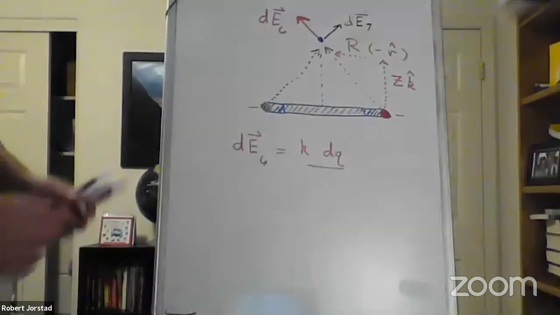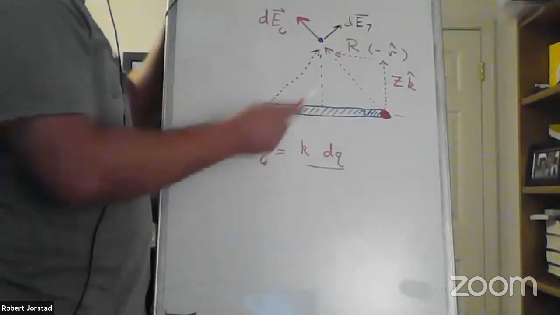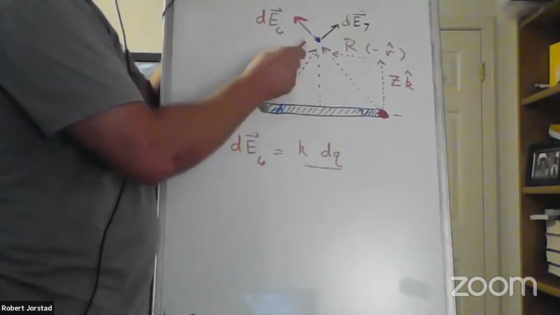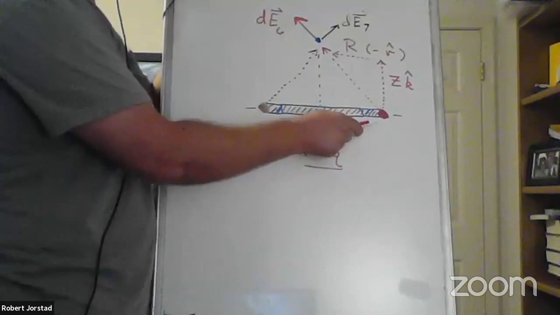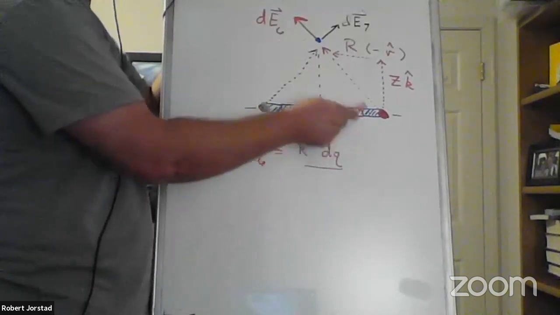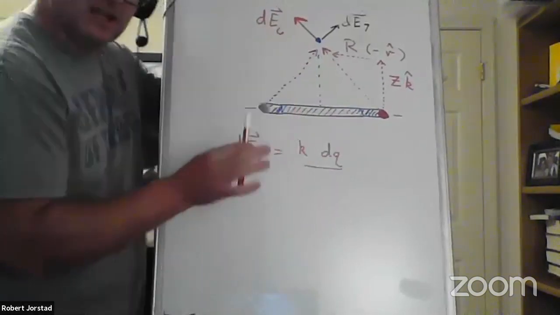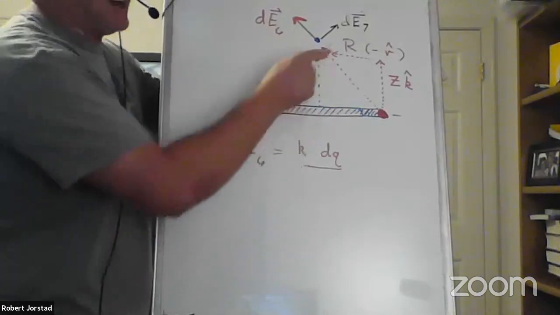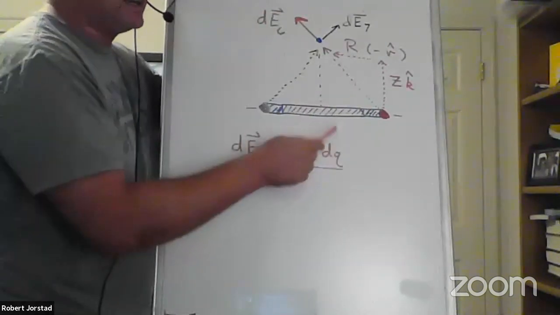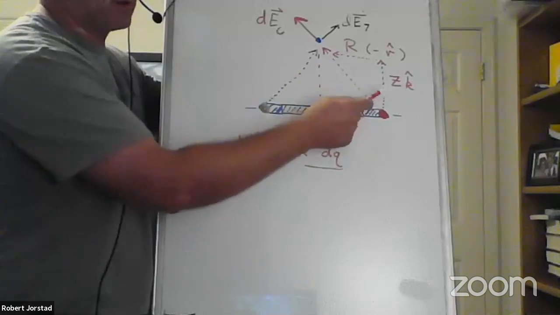All right, so I'm going to go ahead and say it now. From the source to the point of interest, or from the source to the point P, or from the source to the POI, however you want to say that. So in this case, the distance is not R, it's not Z, it's going to be the square root of R squared plus Z squared.